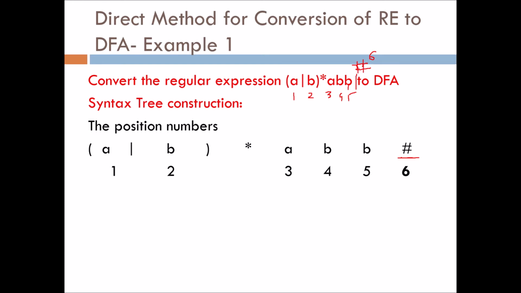It is very important to include this hash. We'll understand the significance of having the hash and a position number for it when we are done with the construction of the DFA. So we allot position numbers to the symbols from the alphabet set, that is A and B, and also to the end marker, which is hash.